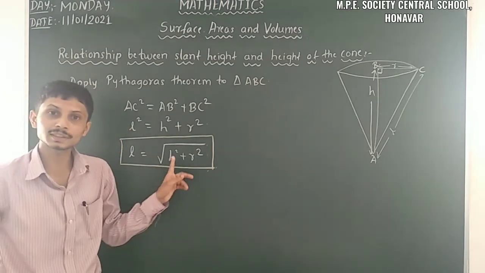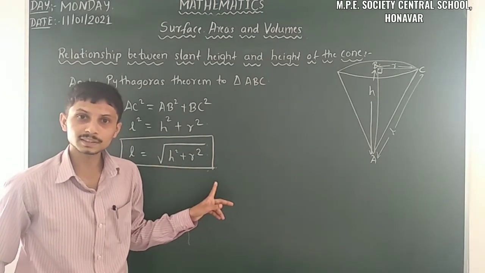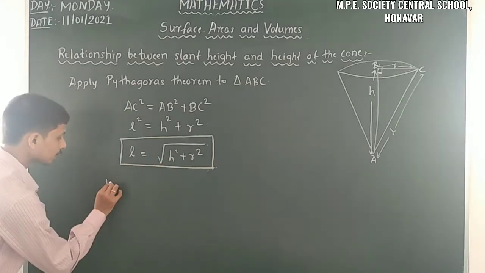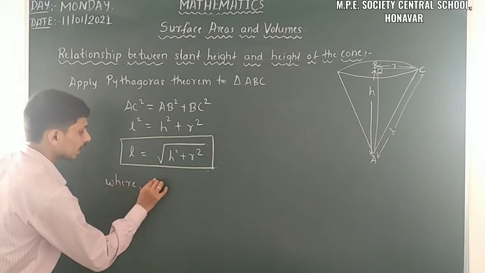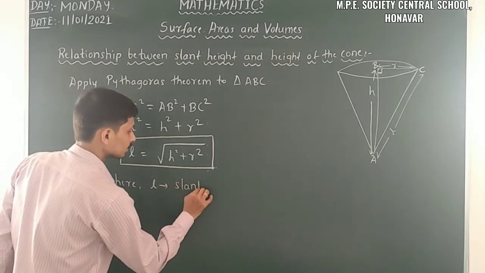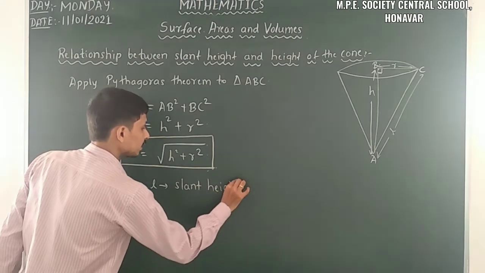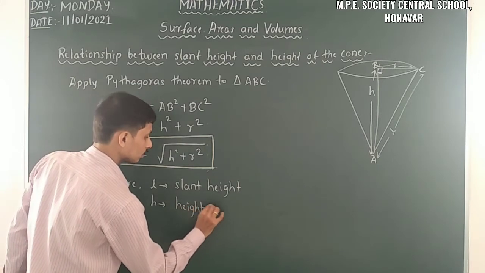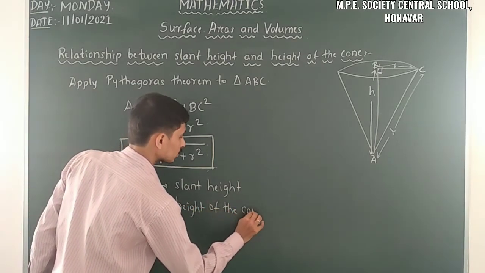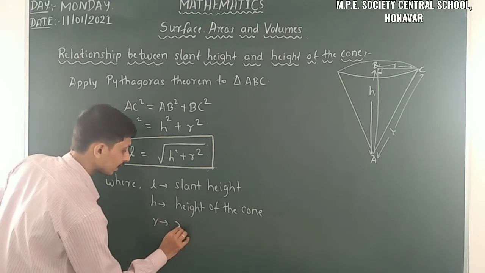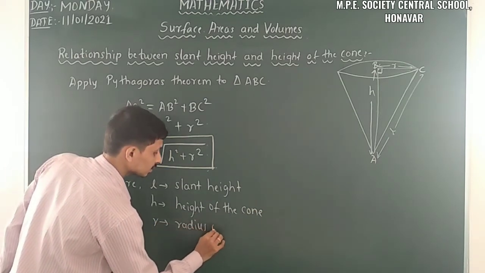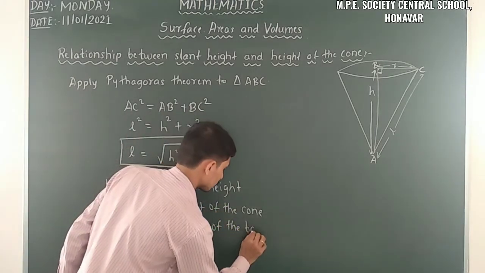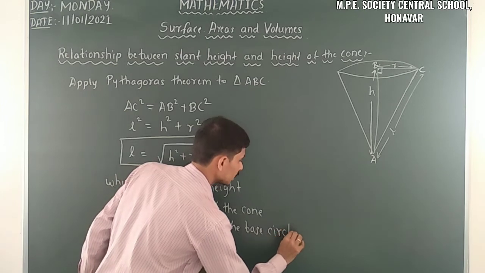When the height of the cone and the radius of the base circle are given, we can find the slant height using this relationship, where L is the slant height, H is the height of the cone, and R is the radius of the base circle.